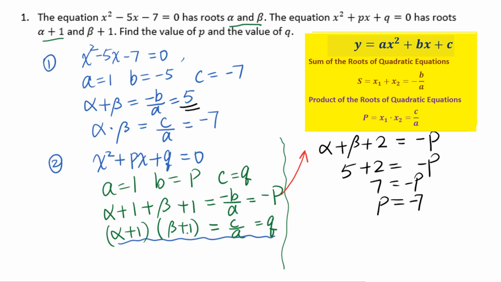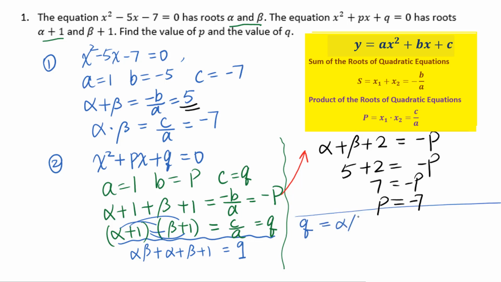Let's organize this equation. Do the FOIL first. Alpha beta plus alpha plus beta plus 1 equals q. So q equals alpha times beta plus alpha plus beta plus 1.